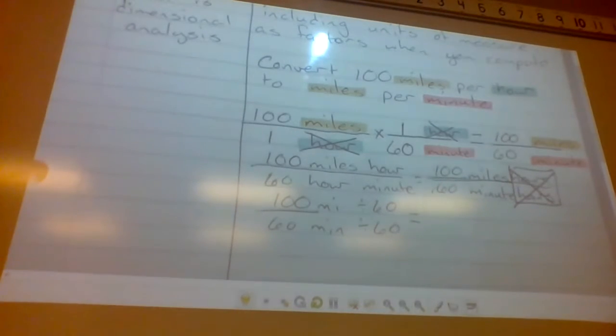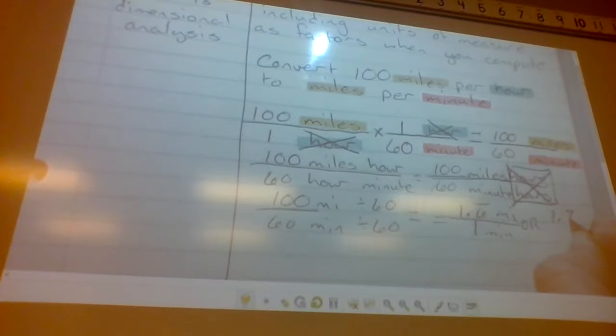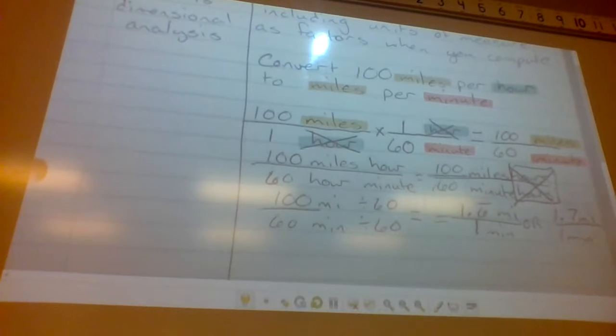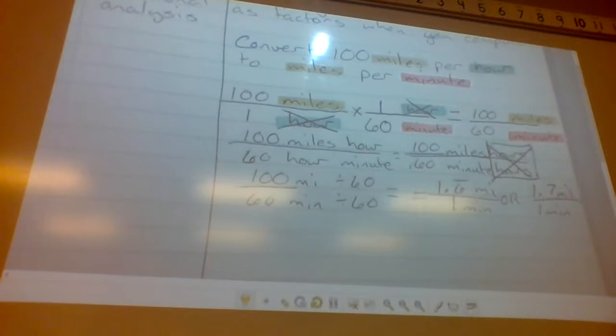I don't want to do that in my head either. 1.6 repeating, or 1.7 with rounding, miles per 1 minute. We tend to round, so from now on we'll round rather than use repeating decimals.